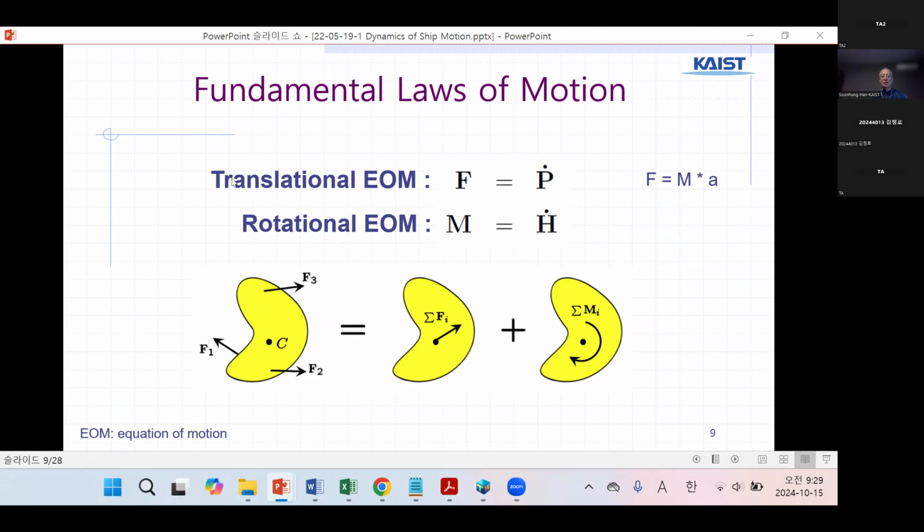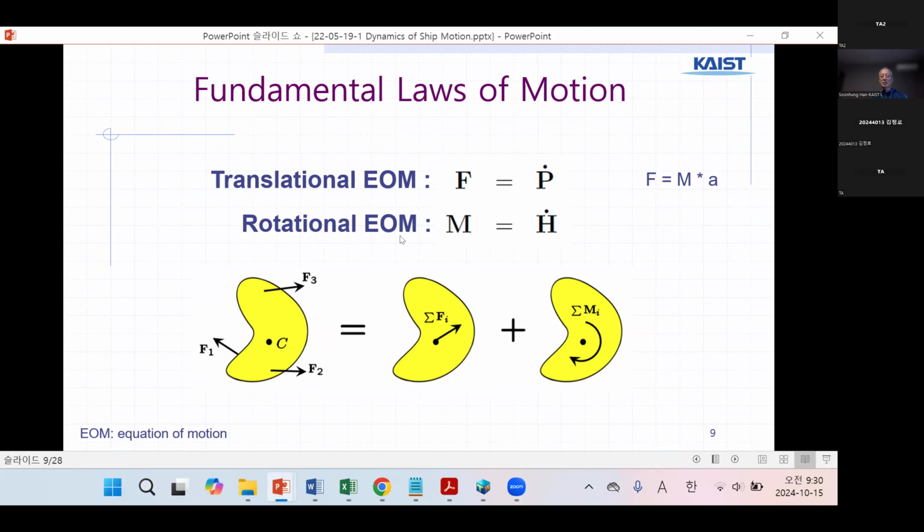The translational equation of motion is force equals ma. You remember this, F equals ma. It can be a motion of the ship, that means a derivative with respect to time. So force is related to the acceleration. Simply, you can see the notation can be simple.